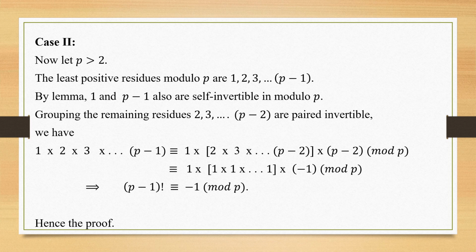By the lemma, 1 and P minus 1 are self-invertible modulo P. What is self-invertible? 1 times P minus 1 is congruent to minus 1 mod P. Grouping the remaining residues: we have 1 to P minus 1. Since 1 and P minus 1 are self-invertible, the left out residues are 2, 3, and so on up to P minus 2.